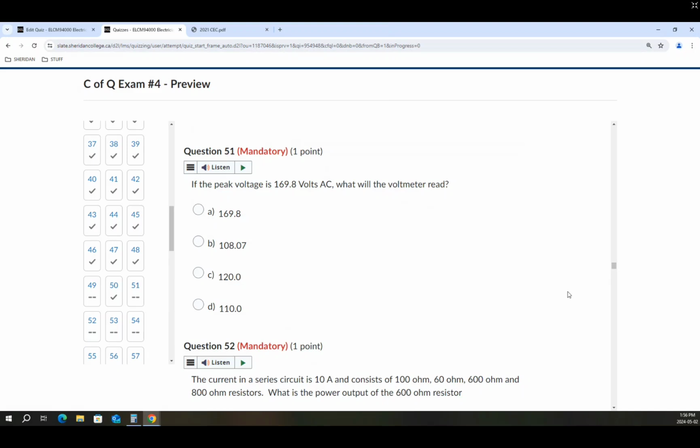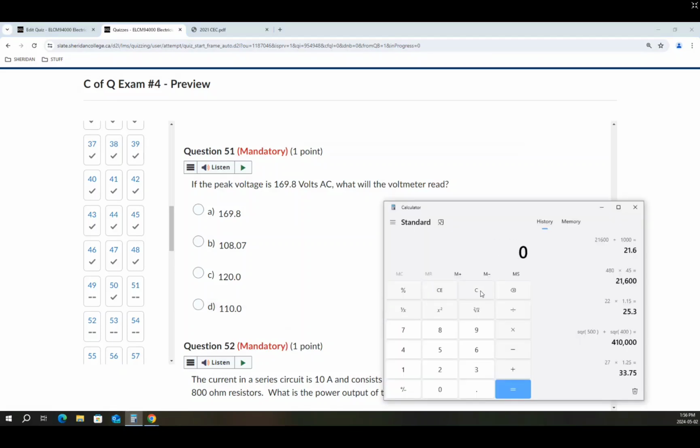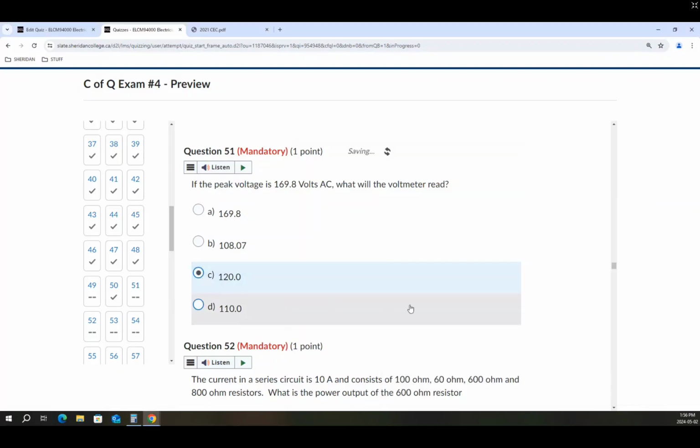Divide it by the root of 2. So square root of 2 as the inverse times 169.8, 120.